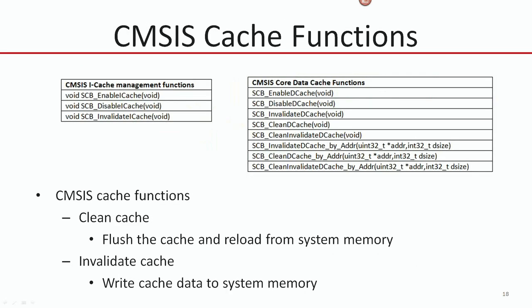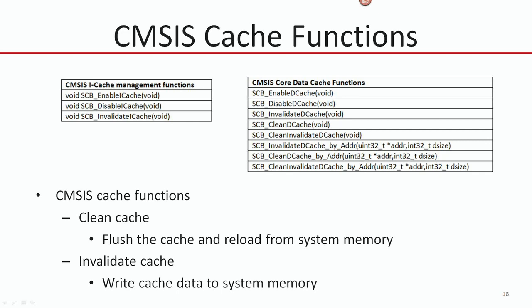As mentioned, within the CMSIS standard, we now have a number of functions that are available to directly manage the cache. So for the instruction cache, we can easily enable and disable it. If we want to, we can invalidate the cache, and that will cause everything to be reloaded into the cache memory. In terms of the data cache, again, we can enable and disable.